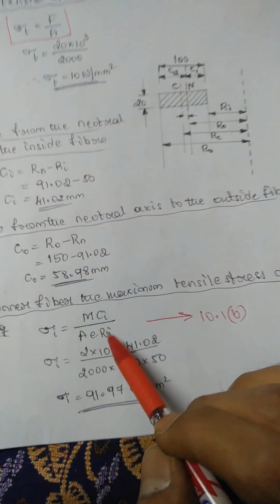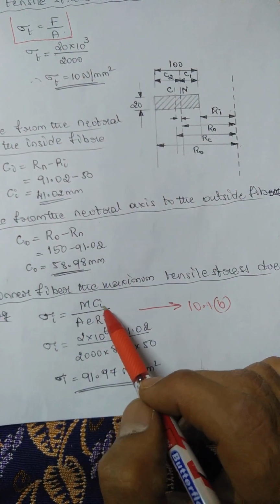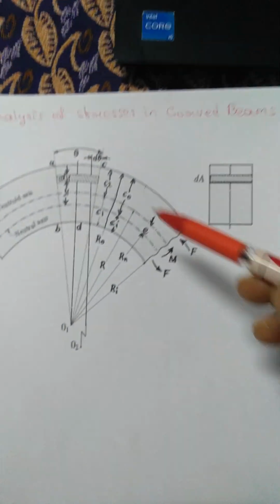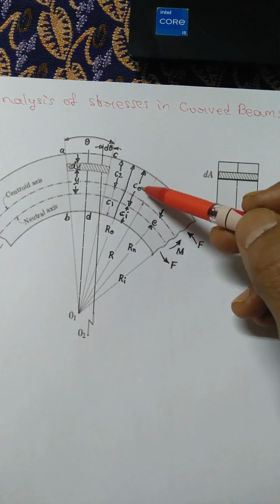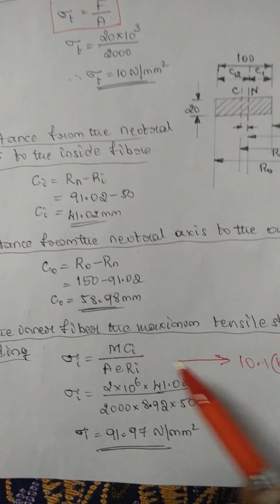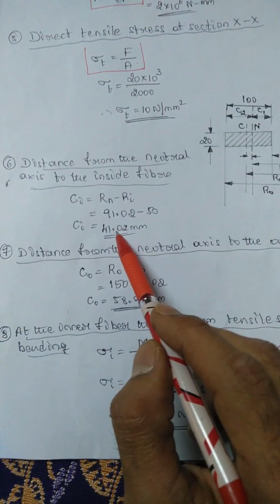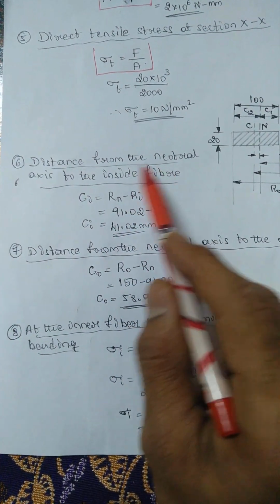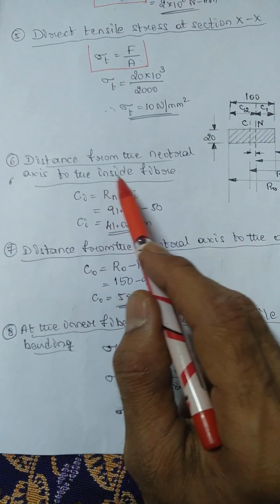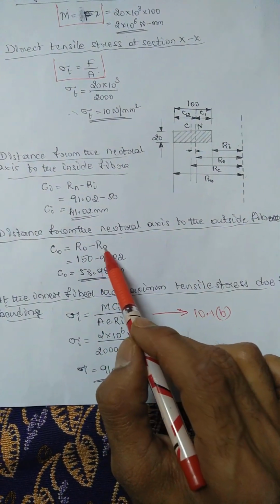I have written the same here, equation 10.1b. Here ci and co are the distances from the neutral axis to the inner and outer fibers: ci is rn minus ri for the inner fiber, and co is ro minus rn for the outer fiber.